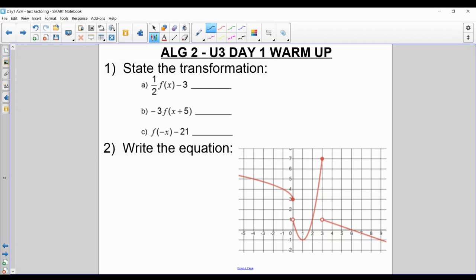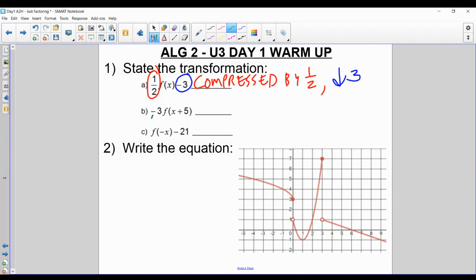So if you look at this, the 1/2 tells me it's compressed by a factor of 1/2. And the -3 tells me that it's shifted vertically down 3.